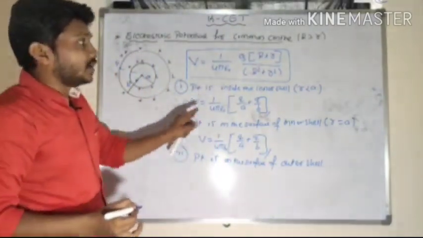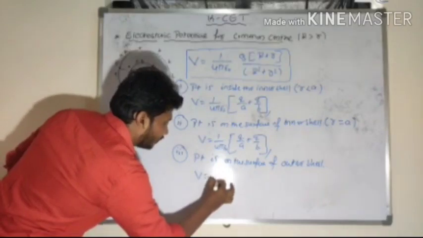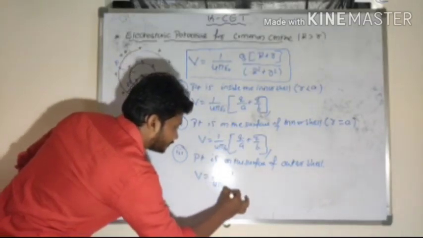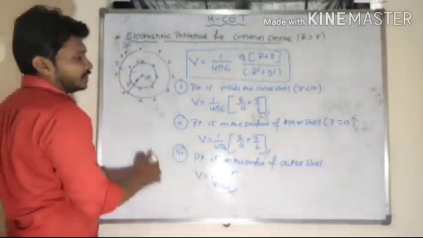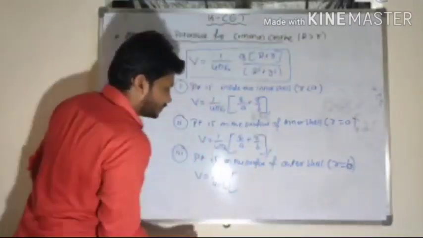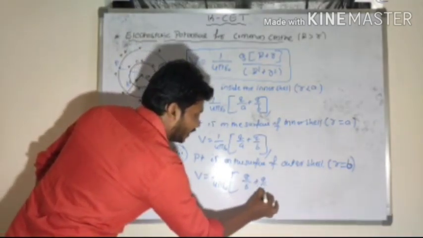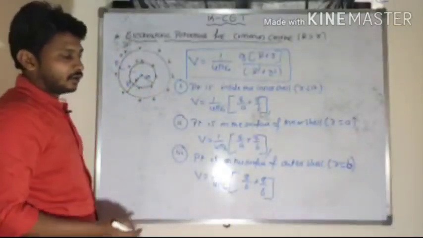If that point is on the surface of the outer shell, then what is the formula? 1 by 4 pi epsilon naught. On the surface of the outer shell, we take r equal to b, so it becomes Q by b plus Q by b. What is the connecting formula here?